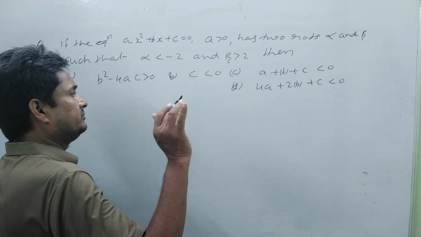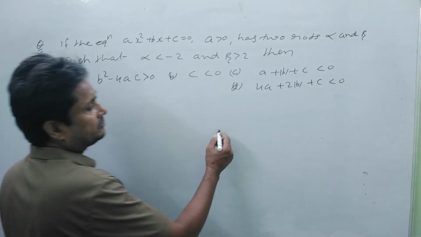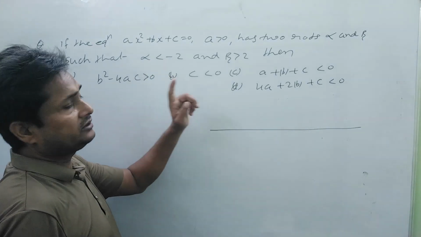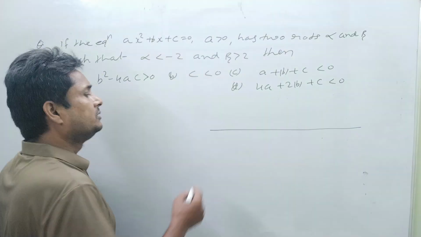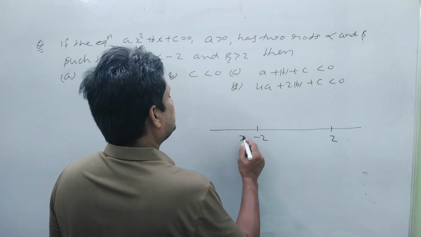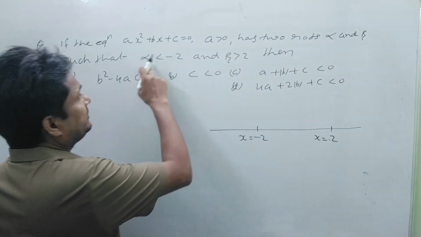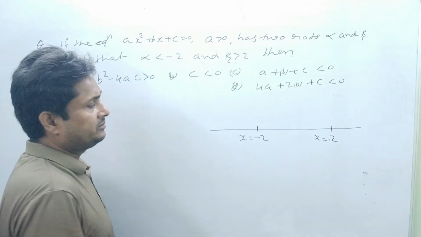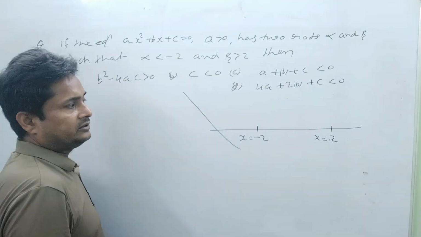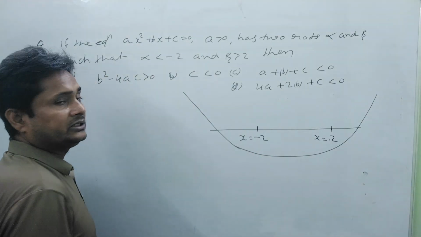So in such types of cases, where conditions on roots are given, alpha is less than minus 2 and beta is greater than 2, mark these numbers first: x is equal to minus 2 and x is equal to 2. Now it is given alpha is less than minus 2. That means one root will be like this one and the other root will be like this one. That means the graph will be like this one.